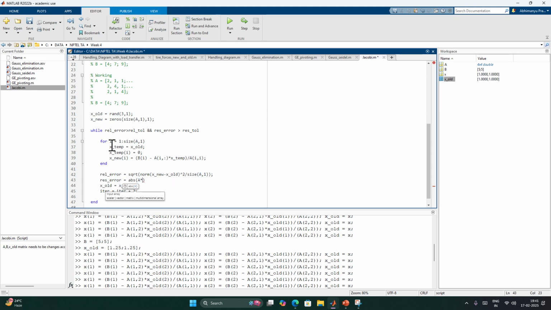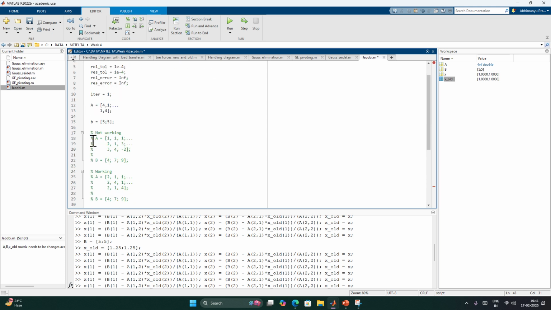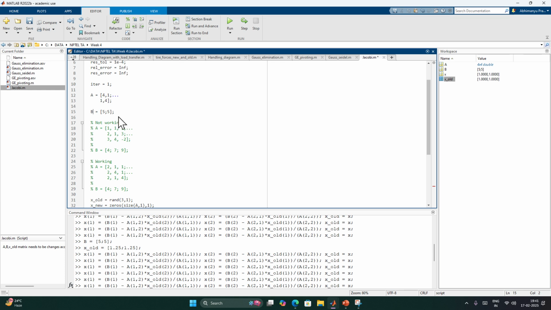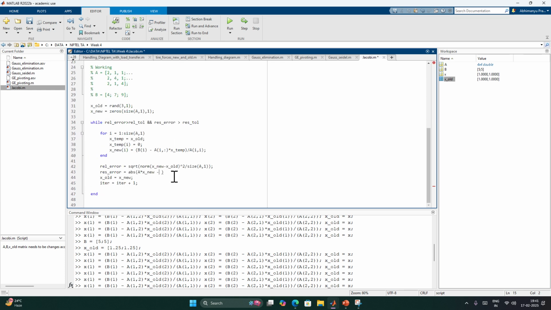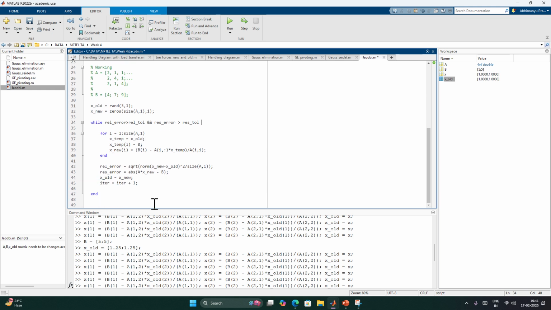I am doing this after this loop has run. So I will just use the x new minus my b vector. Okay. So the absolute of this should be, until this is greater than this tolerance, this while loop will continue to run.